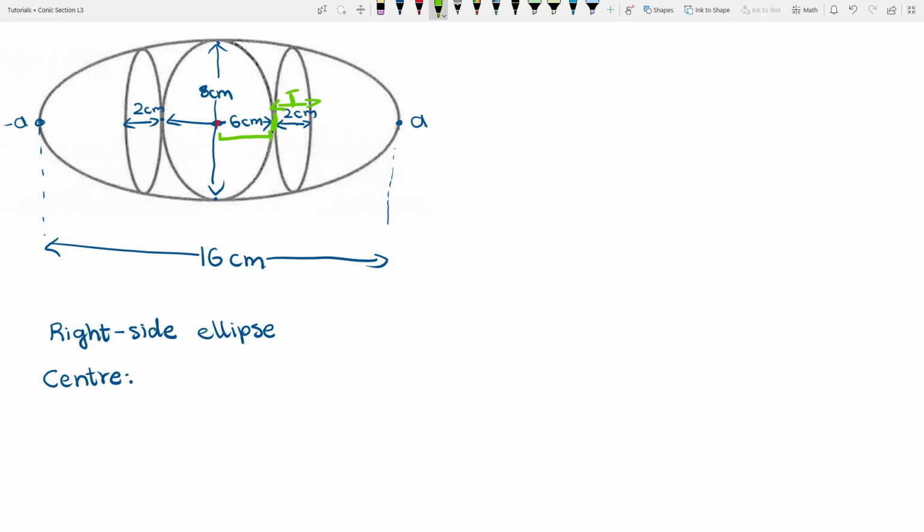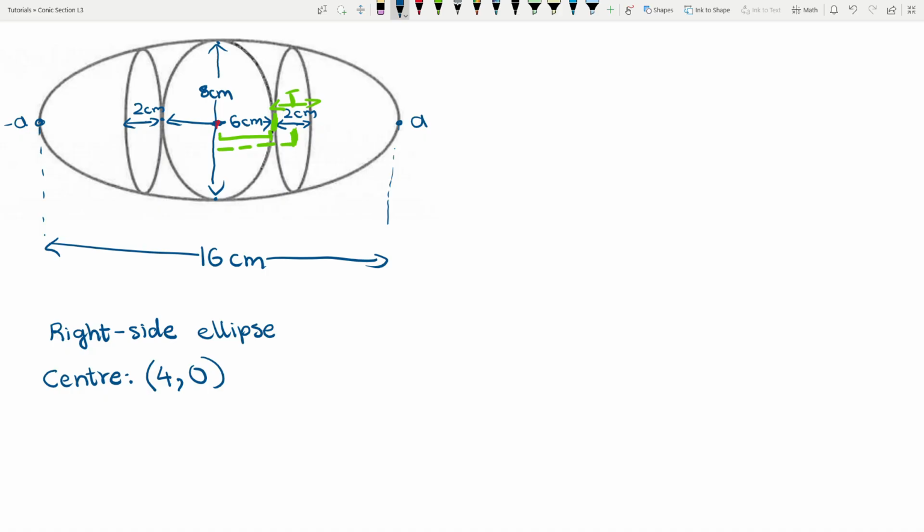So we move 3 units, 1, 2, 3, and then 4 to the middle of this ellipse. So the center would be shifted 4, so the coordinates should be 4, 0. Now the major axis we do not actually know.